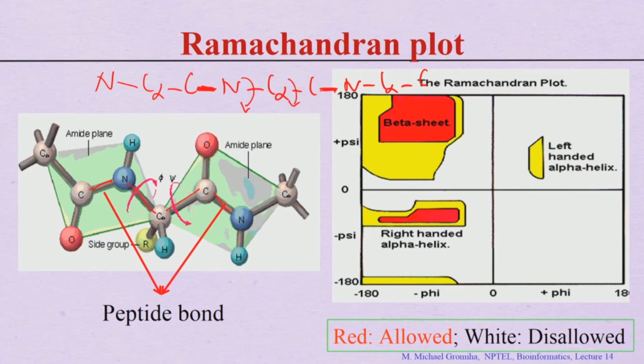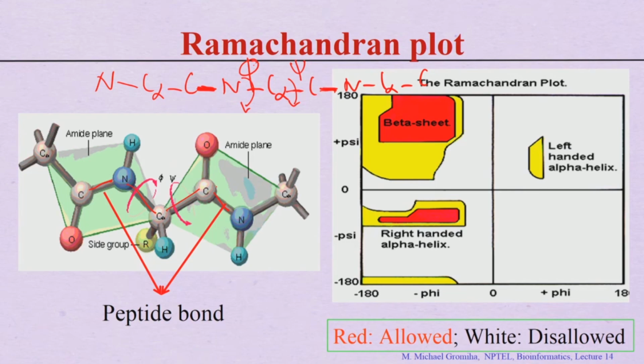The rotation along N-C alpha is called the phi angle, and the rotation along C alpha-C is called the psi angle. If you write this phi and psi here, it is not a bond, it is a rotation around that particular bond.